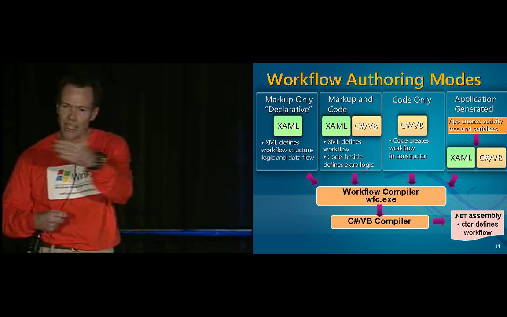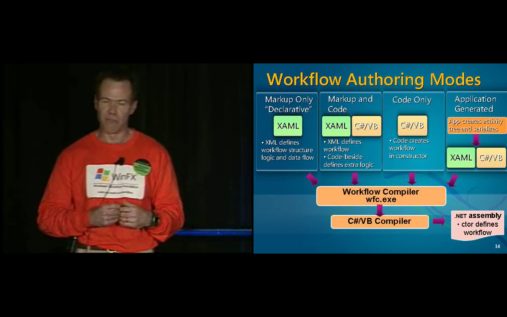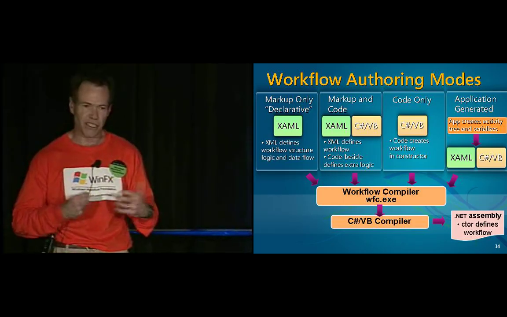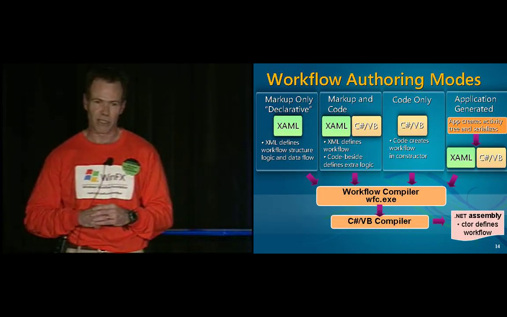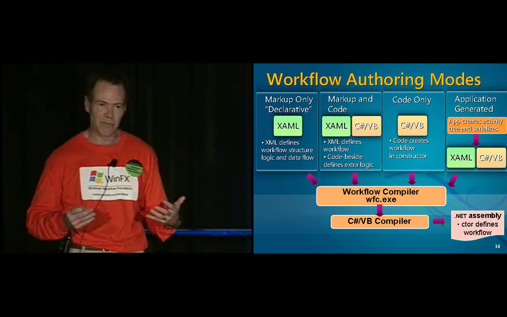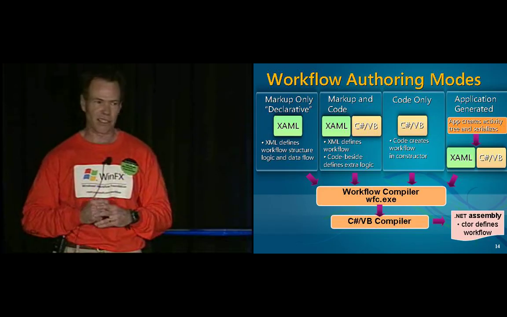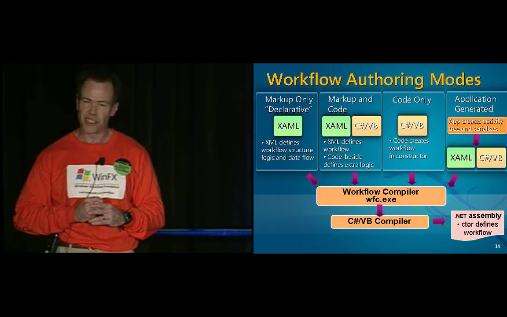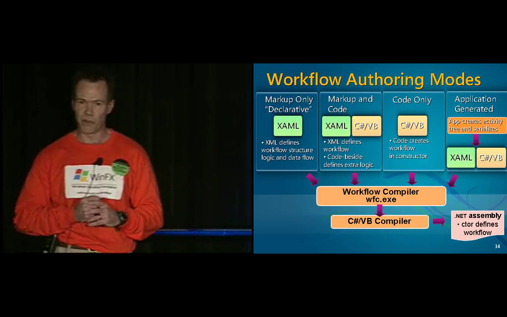Well, if you don't have any code that you need to add to the workflow and it's just the activities, maybe some data flow between the activities, configuration of those things, if that's your entire workflow, you can author it in XML. In fact, you could invoke our compiler, so you could generate the XML and manage it as XML and then compile it at some later point. In fact, that's a methodology that Office uses for deploying workflows to SharePoint.